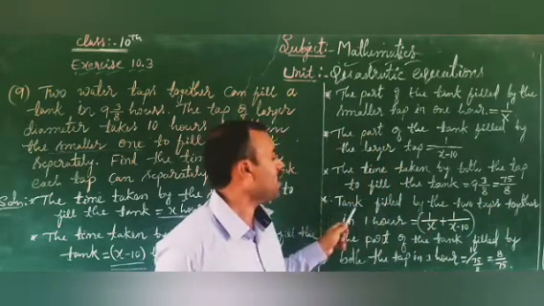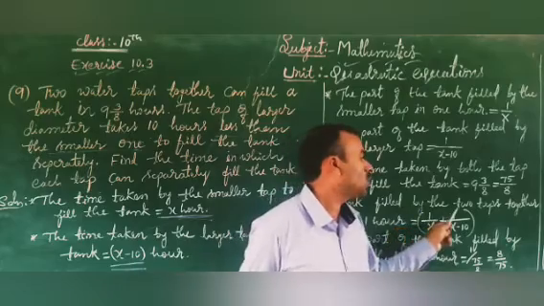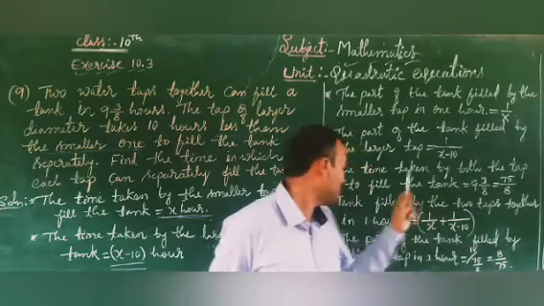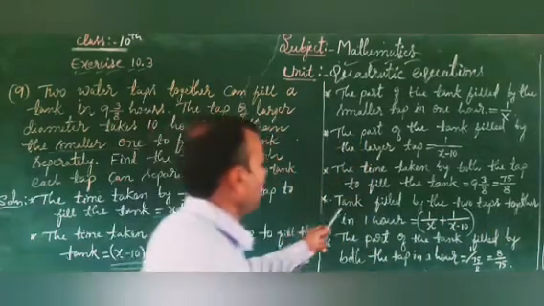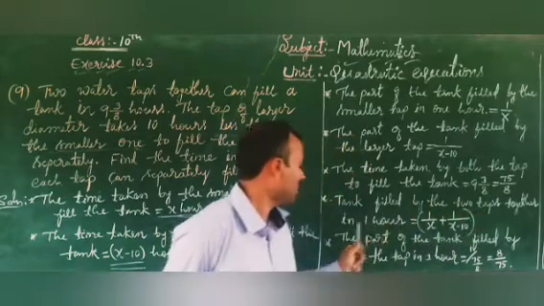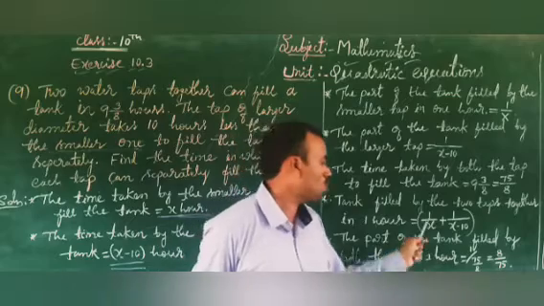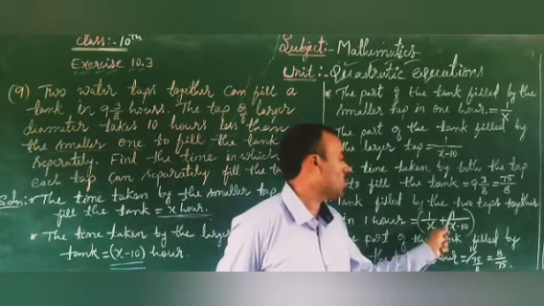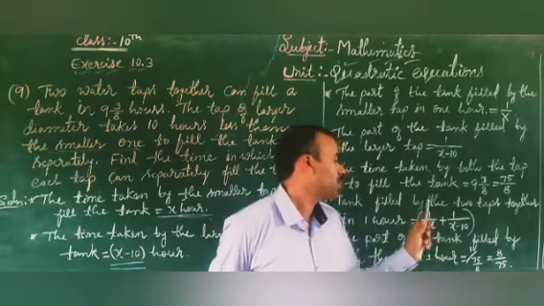Next, the tank filled by the two taps together in 1 hour equals 1 by x plus 1 by x minus 10.